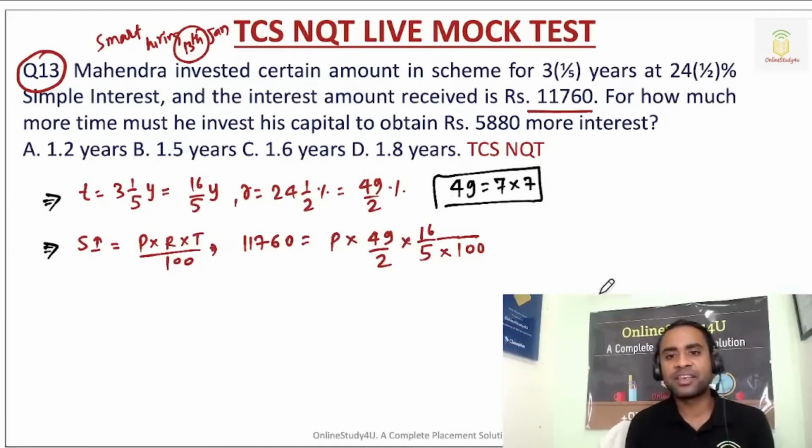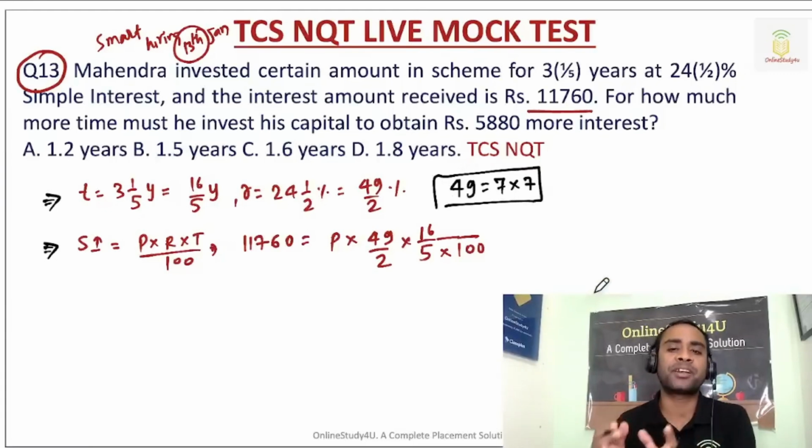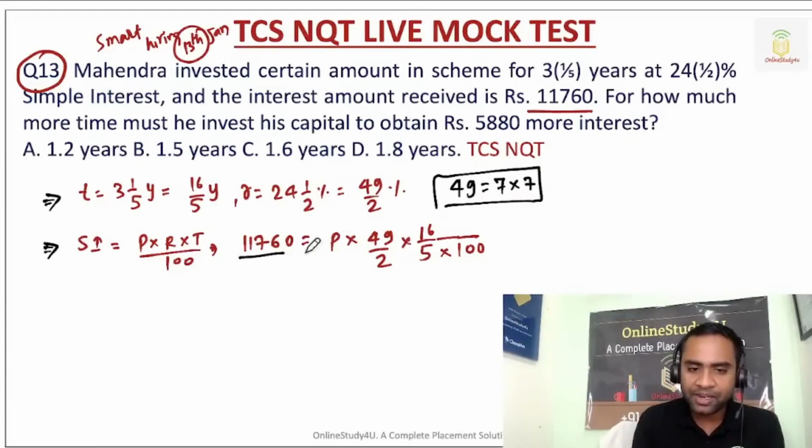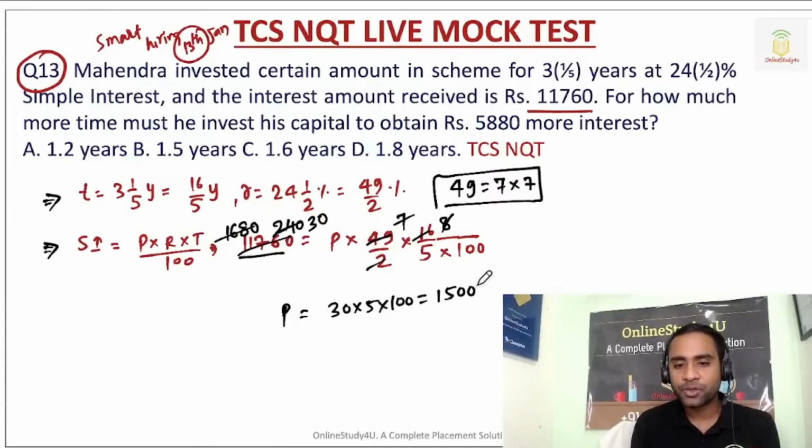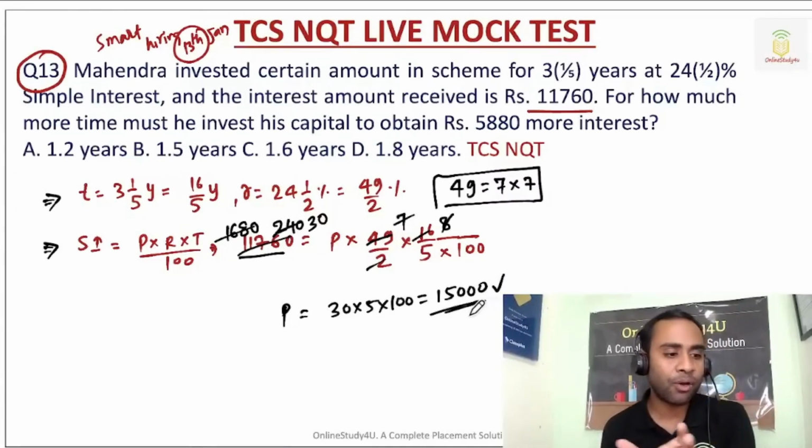So this will definitely be divisible by 7. 7 7s are 49, and 7 16s are 112, and 7 8s are 56. Then again 7 2s are 14, and 7 4s are 28. Now 2 8 times and 8 30 times. So calculation technique you should know. Now principal will be equal to 30 into 5 into 100, which is nothing but 15,000. We got the principal.